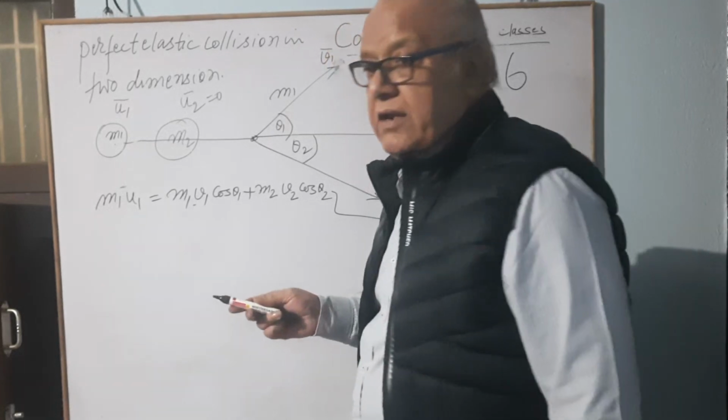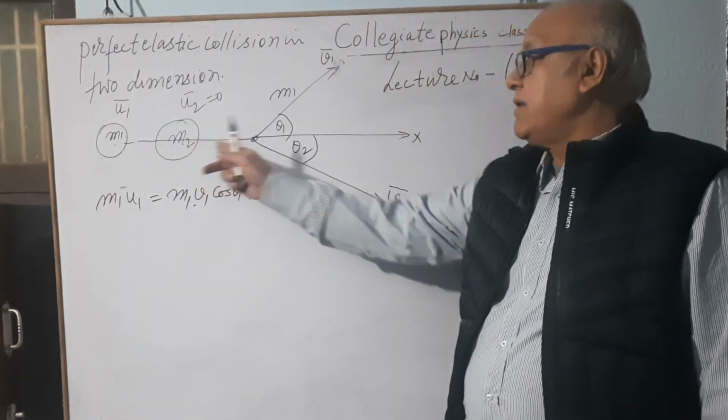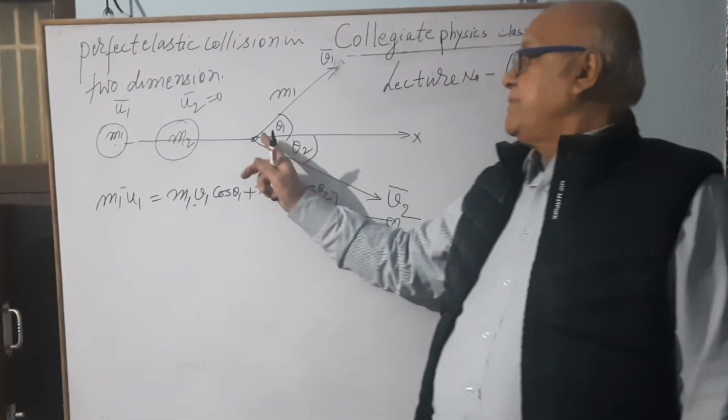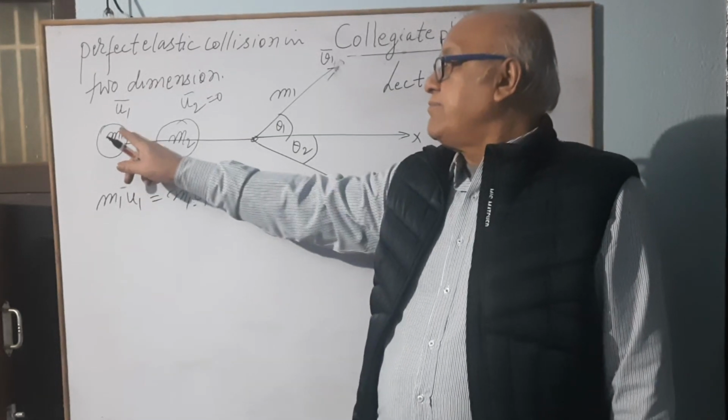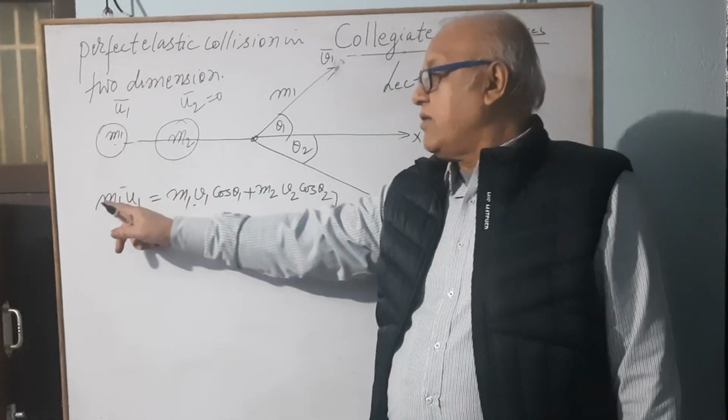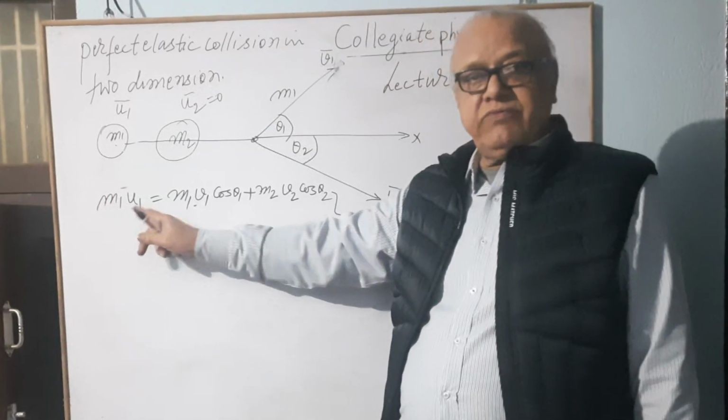when we apply the law of conservation of momentum along x-axis, then before collision, the momentum of the first body along x-axis is m1 u1.